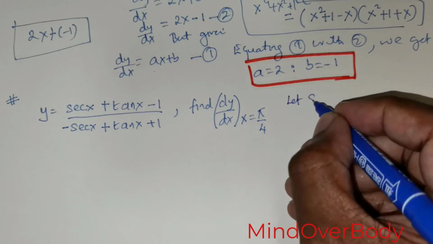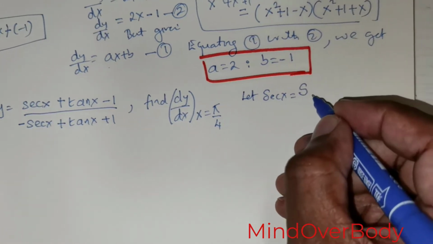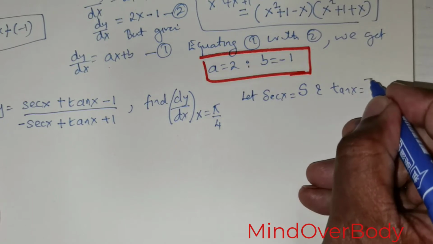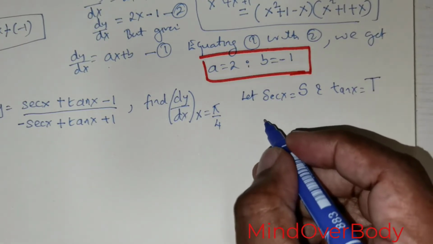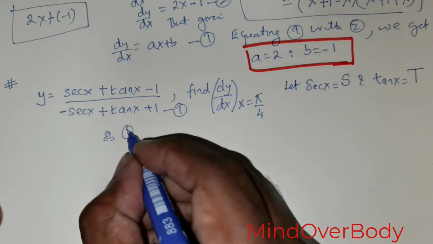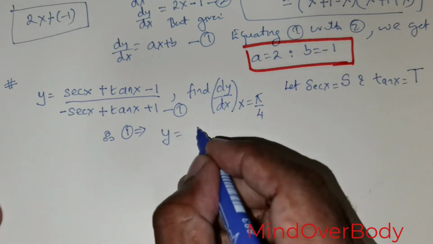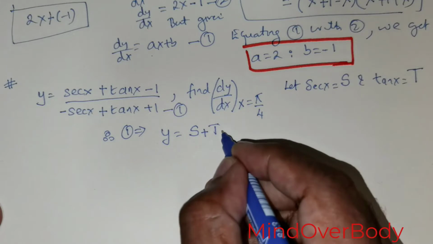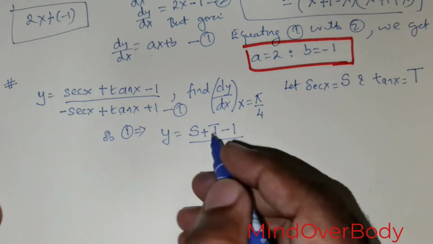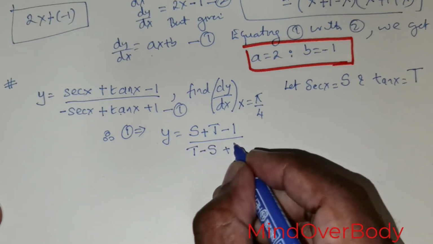Now to solve this question, I'm going to take secant x to be equal to capital S, and tan x equal to capital T, and rewrite 1. So therefore 1 can be rewritten as y is equal to (S + T - 1) divided by (-S + T + 1), so let me write it as (T - S + 1).